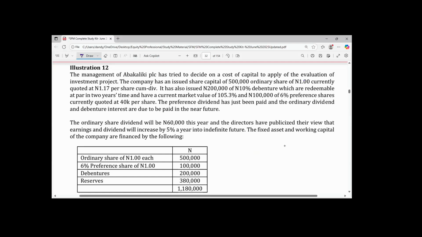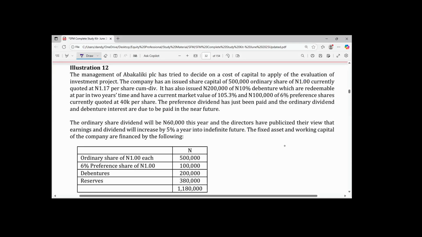And I said that for step 1 and step 2, you need the information of the proxy company, information that relates to equity value, debt value, tax rates, as well as the debt beta of the proxy. Then from step 3 up to step 5, you need the information of the main company in relation to equity value, debt value, tax rate, and then debt beta.